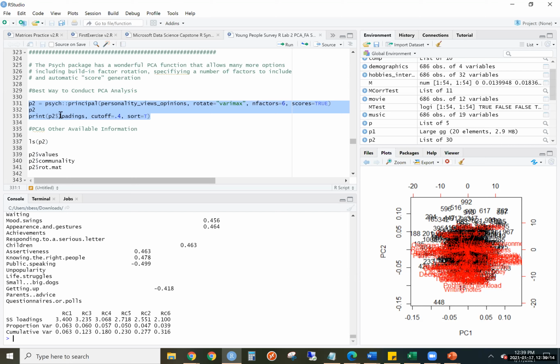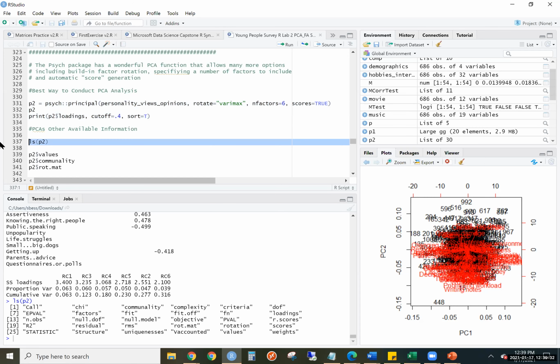Now, remember that this is also a subset of variables related to a specific theme. So this subset of variables only explains 30% of the variance when we use these 6 factors, these 6 components.